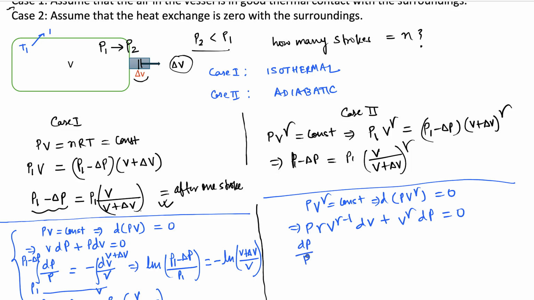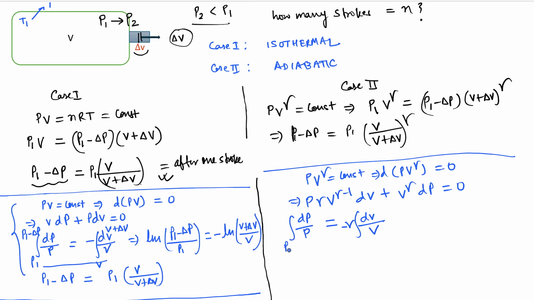So dP by P will be -gamma dV by V, right? And if we integrate it from P1 to P1 - delta P and V to V + delta V, it will give me ln((P1 - delta P)/P1) = -gamma ln((V + delta V)/V).